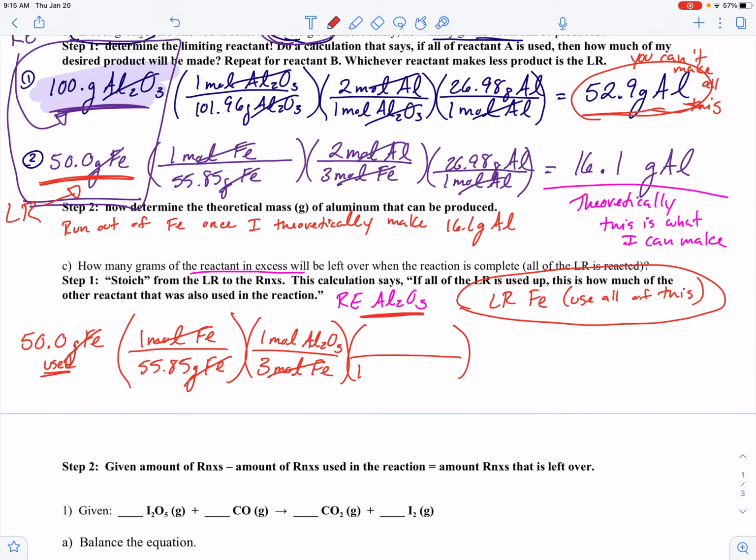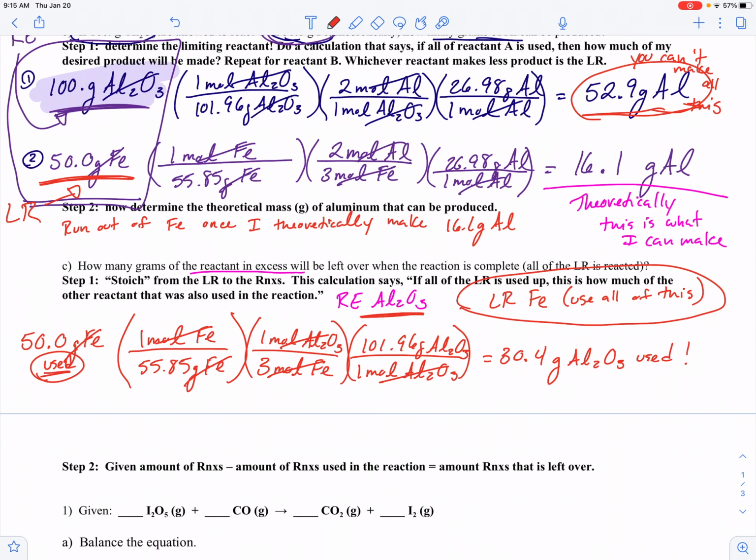So I know that every 1 mole of aluminum oxide is 101.96 grams. And when I finish all that stoichiometry, it'll tell me how many grams of aluminum oxide I've used. So in this case, I'll do all of my math and I get 30.4 grams of aluminum oxide that's used.